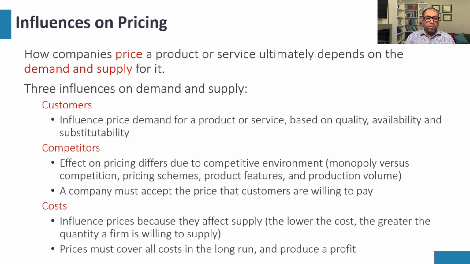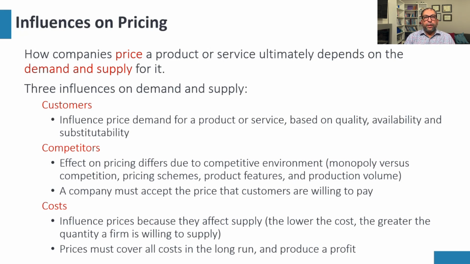The price a company charges for a product or a service ultimately depends on demand and supply for it. Definitely, the market conditions determine the price and quantity by calculating the market price based on demand and supply. Now, how the demand is going to affect and how the supply is going to affect, these are what we call influences.